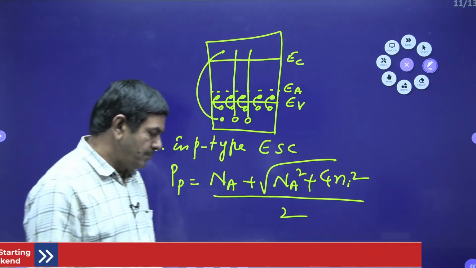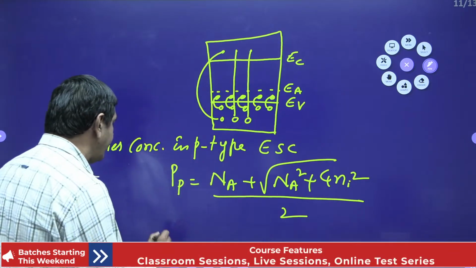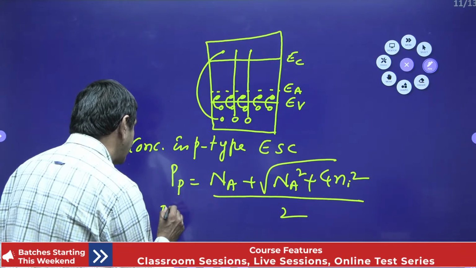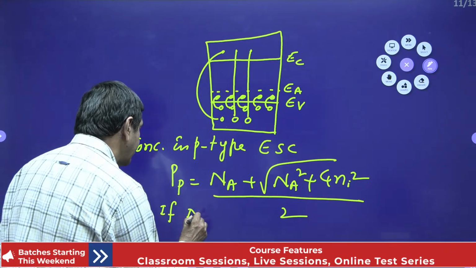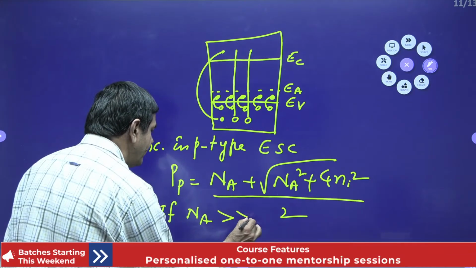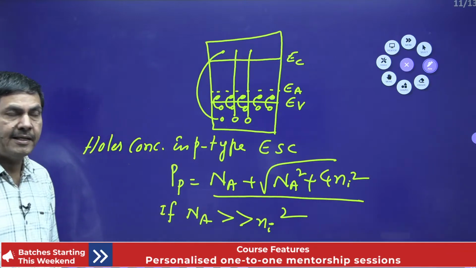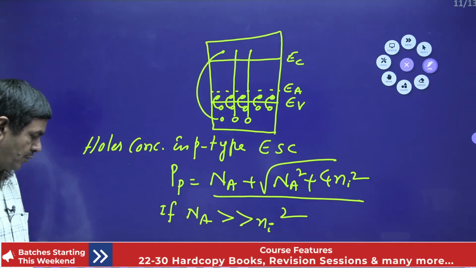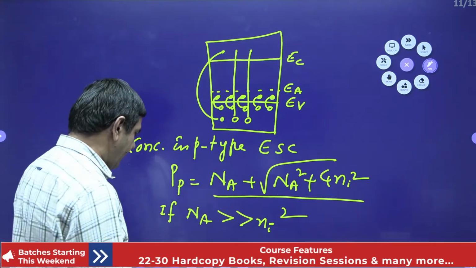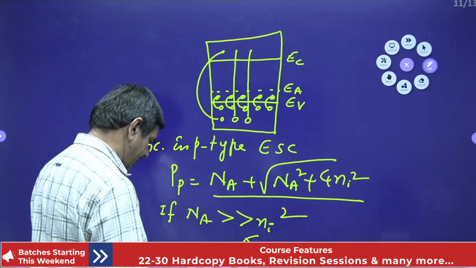But if Na is very, very large as compared to Ni, as in an n-type extrinsic semiconductor, suppose Na is far greater than Ni. In that case, conductivity can be calculated directly, I gave the formula already.